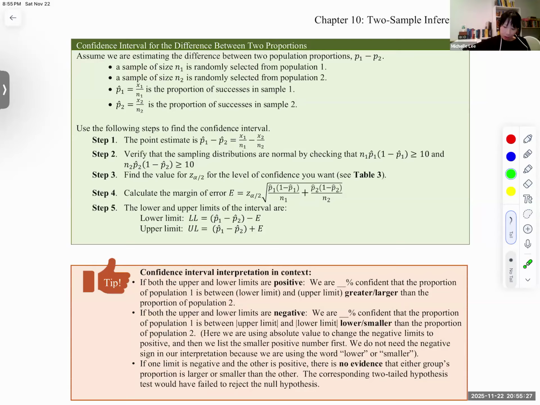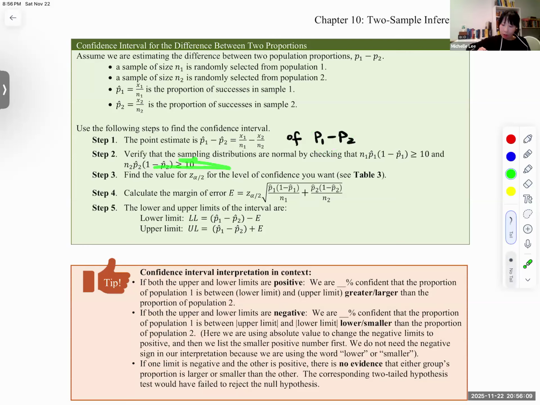So we have sample sizes n sub 1, n sub 2, and p hat sub 1, p hat sub 2, right? Okay, so for the point estimate, we are using the difference of the two sample proportions, p hat sub 1 minus p hat sub 2, as the estimate of p sub 1 minus p sub 2. Makes sense?